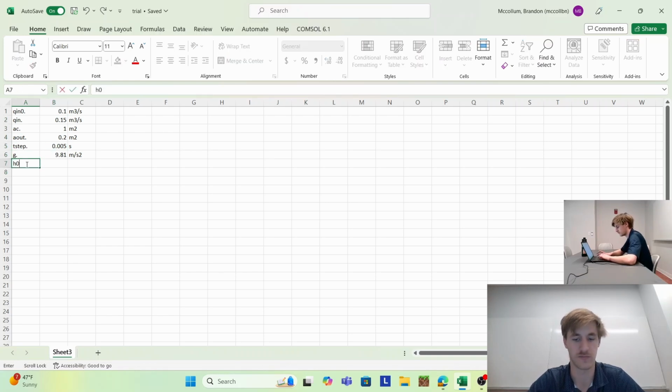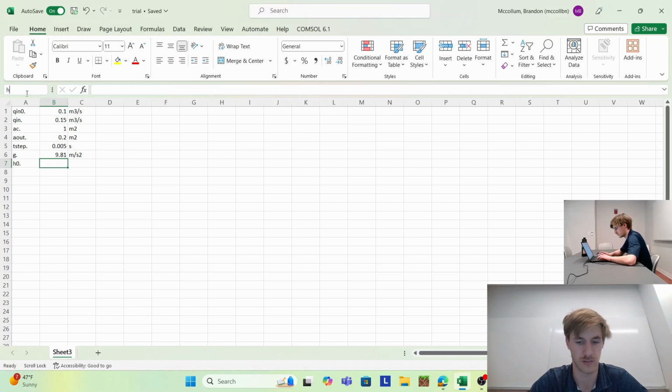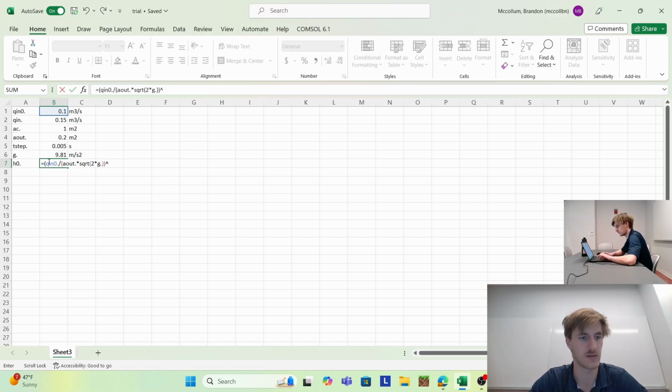And then calculating our initial height. This is just straight from the equations we just derived. So we have our initial flow going in over our cross-sectional area going out times the square root of 2 times g, and this is all squared.